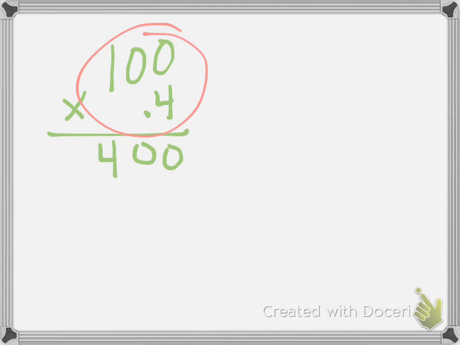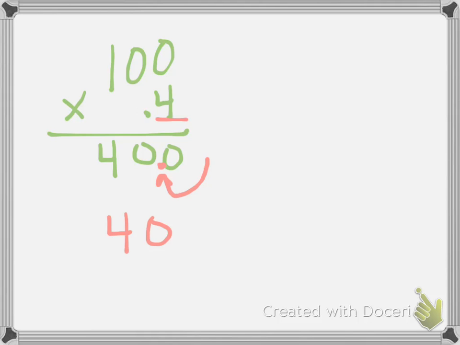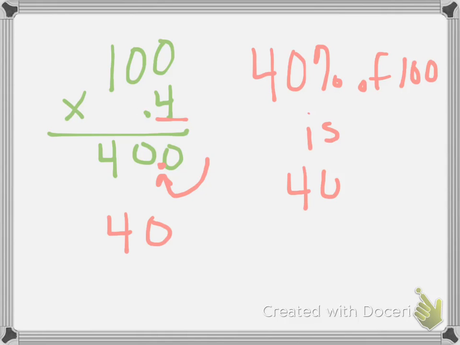I can see in this problem there's 1 digit to the right of the decimal, so in my answer 1 digit needs to be to the right of the decimal, 40.0, which is the same thing as 40. So what that means, back to the original problem, 40% of 100 is 40.